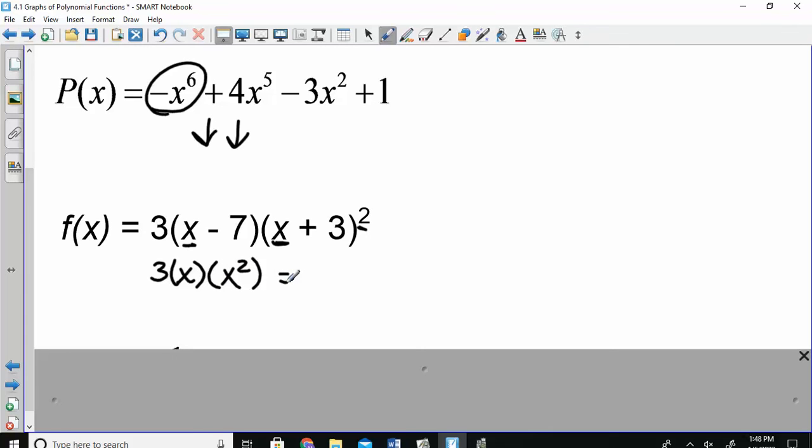So if you multiply those together, what do we get? So x cubed, what's our end behavior? Like a cube. We have a positive coefficient, so it doesn't flip.